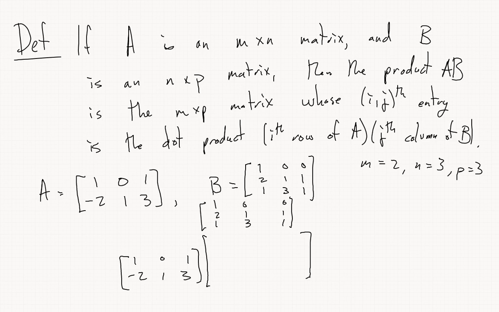And now to find an entry, I multiply across a row of A and down a column of B. So this will get a little bit scrunched, but should only be 2 rows.